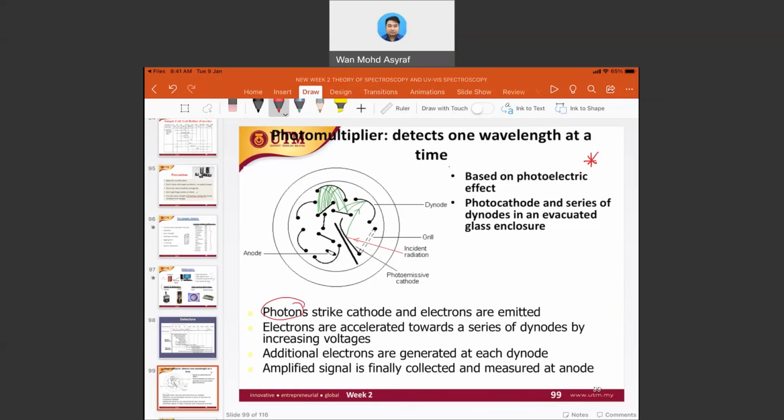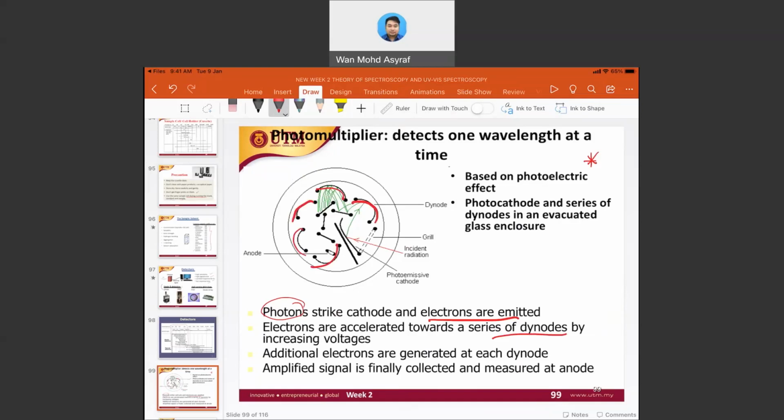These electrons are accelerated towards a series of diodes. We have diode 1, second one, third one, fourth one, fifth one. Once it hits the first diode, it will produce more electrons.